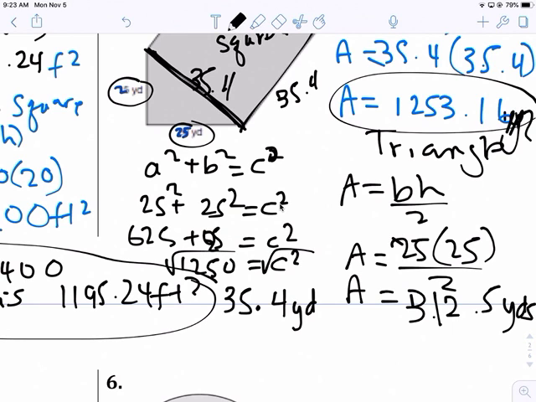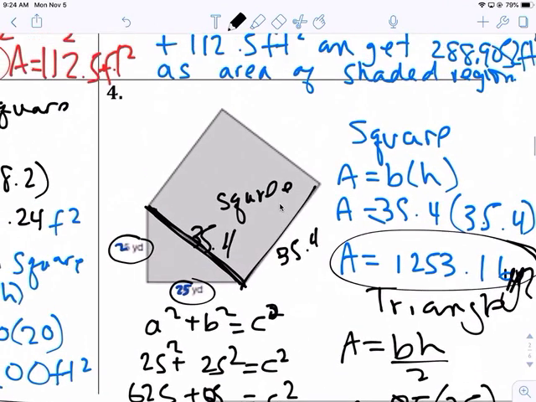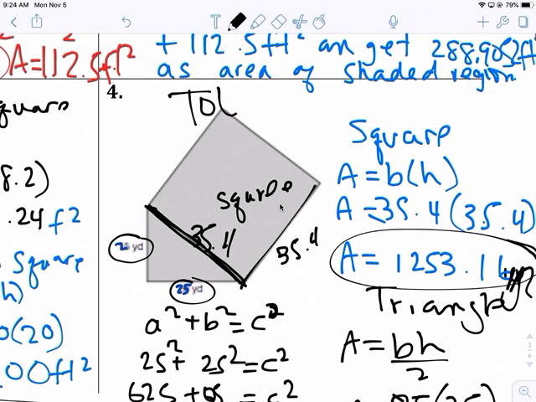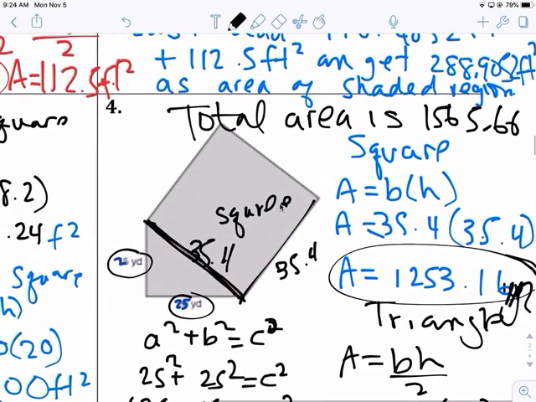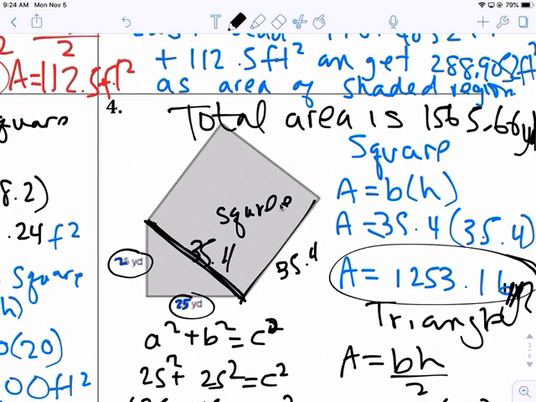Add these two together. You get a total area of 1565.66 yards squared. And that's your total area after you add them together. Okay.